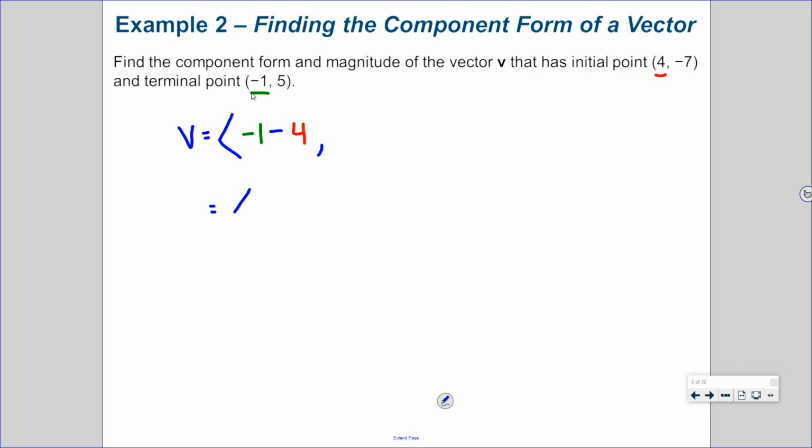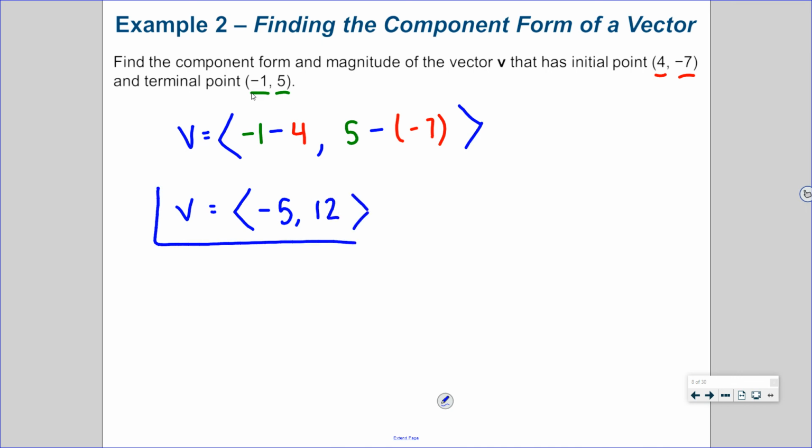So my horizontal component of that vector is -5. And then to figure out the vertical component, terminal point 5 minus -7, aka you're just finding the distances between those. Maybe Precalc is better. You guys are selling me more and more that Precalc is a better way to go. It is. Multiple steps at once. Yeah. Okay, so there's that vector in component form.